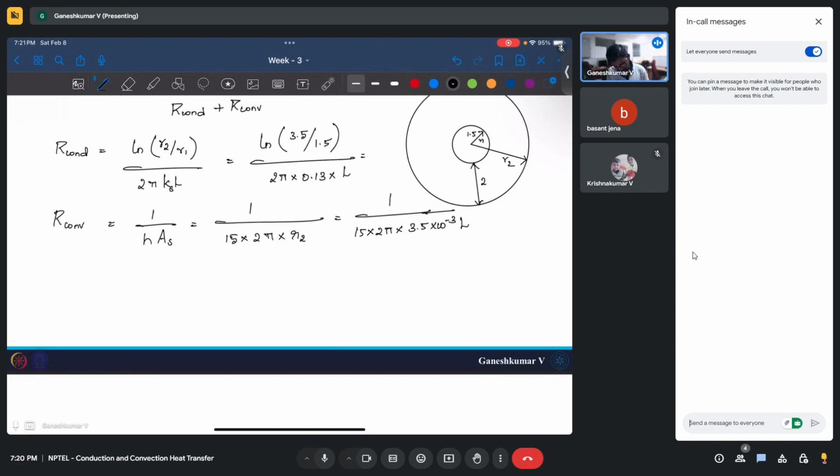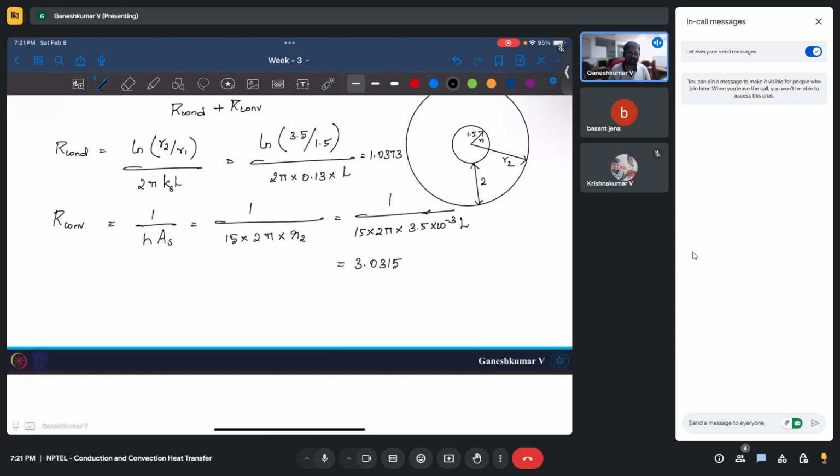So I'm getting something like 1.0373, and this one is coming out to be something like 3.033.